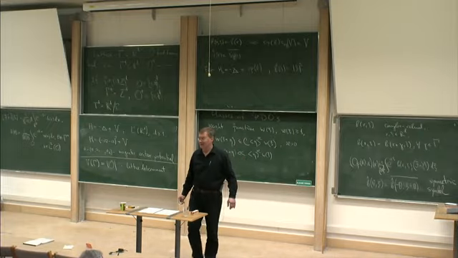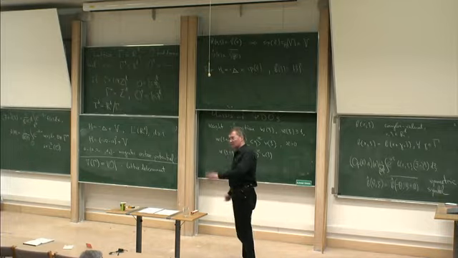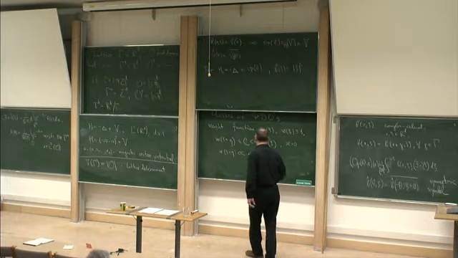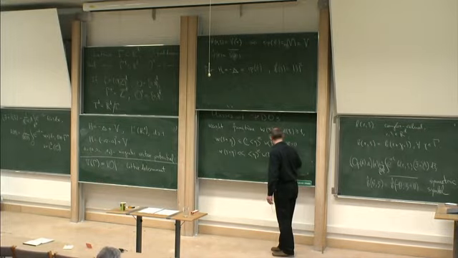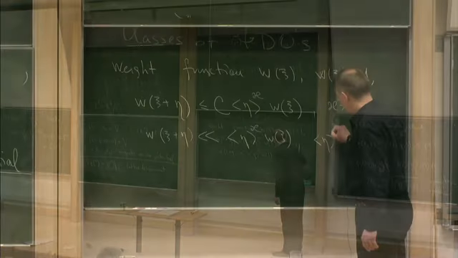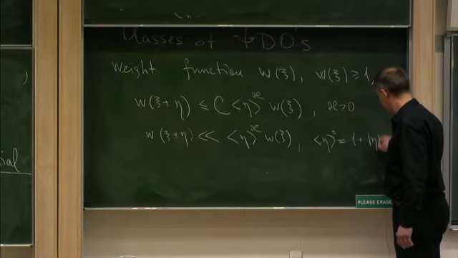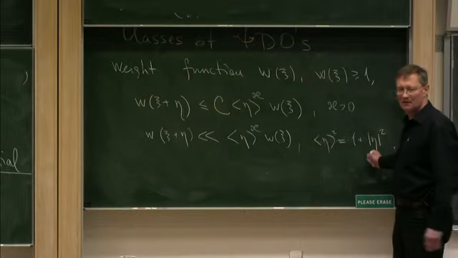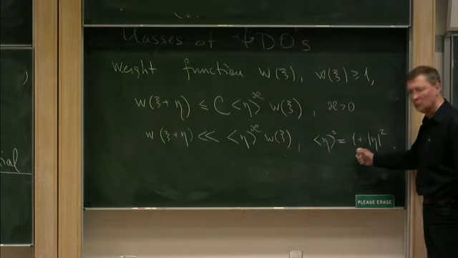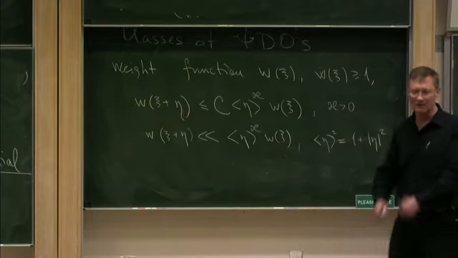What do you mean by angular bracket? Good question, thank you. This is just eta squared, but you add 1 to separate it from 0.